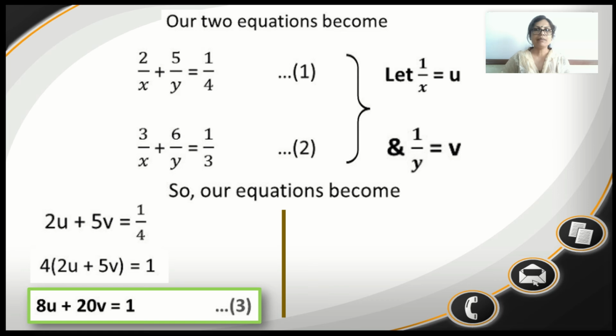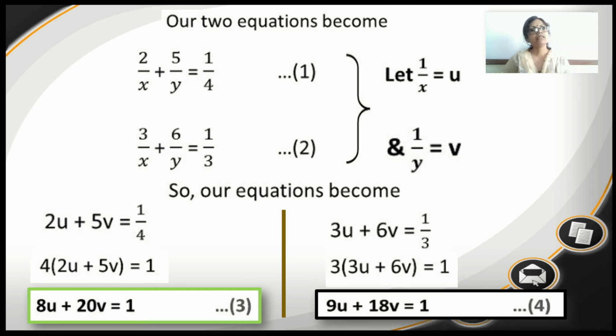Similarly, our second equation will become 3u plus 6v is equal to 1 upon 3. Let's cross multiply this. So 3 into 3u plus 6v is equal to 1. Simplify this. We get 9u plus 18v is equal to 1, equation number 4.